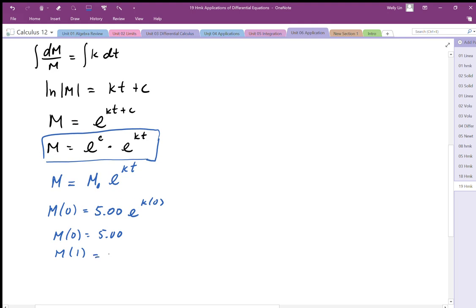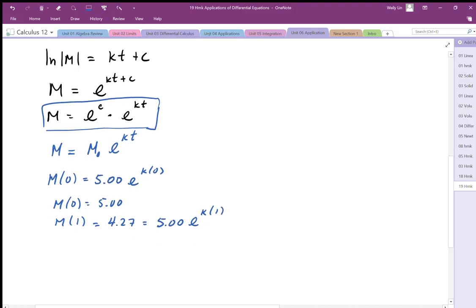I'm going to end up with 4.27 grams, and the equation is we solve for the m naught, so that's the initial value, e to the k, which we don't know, and we know that's 1 year. So solving this equation, we can solve for the k value, so we end up with 4.27 over 5.00 is equal to e to the k.